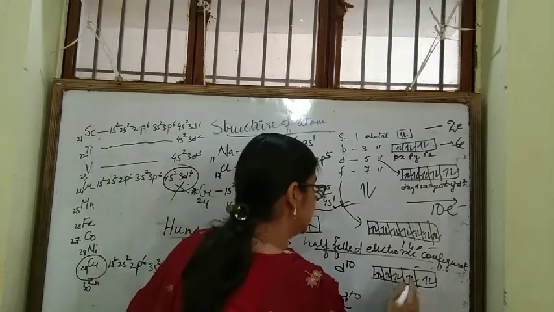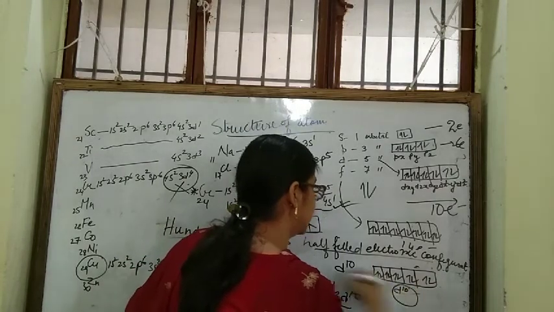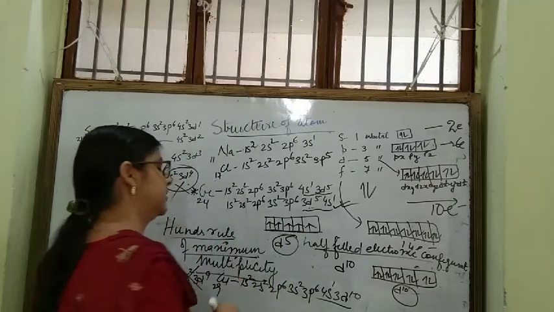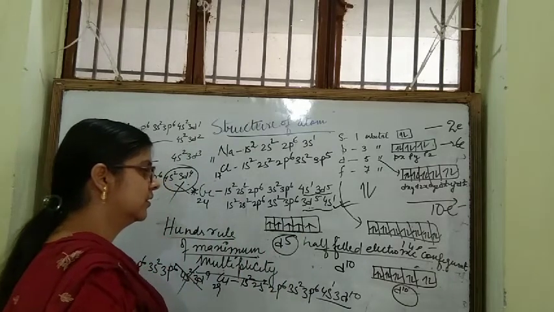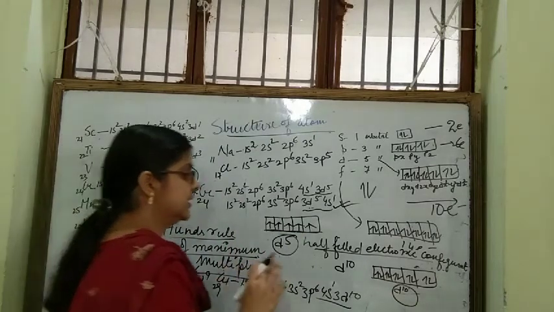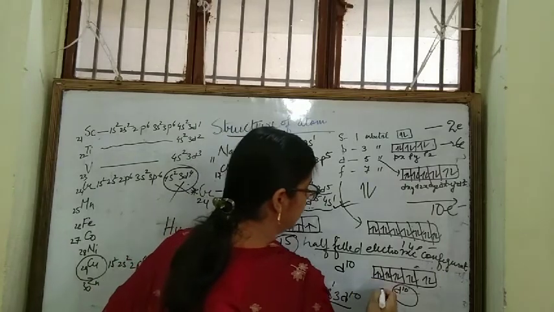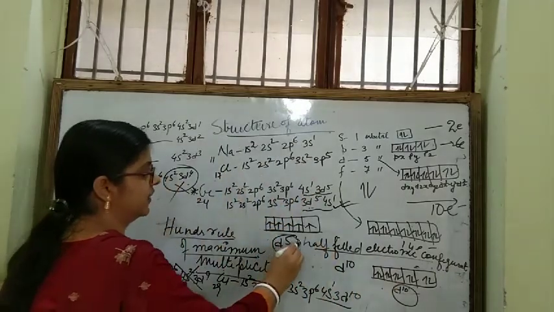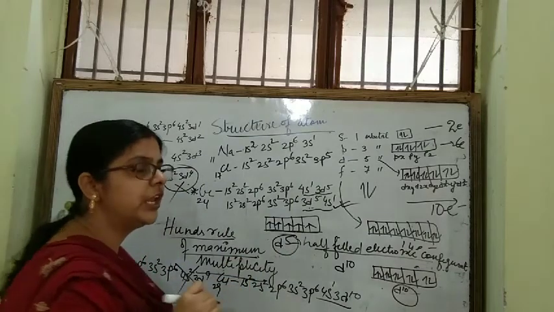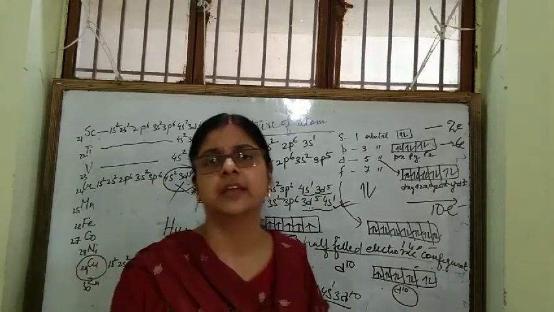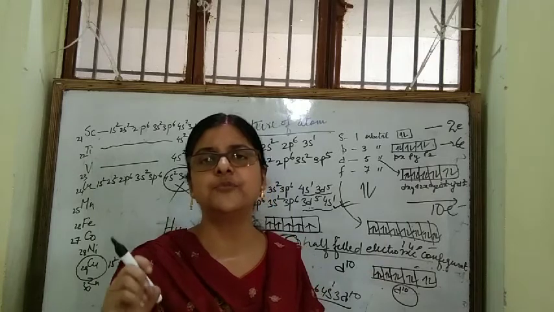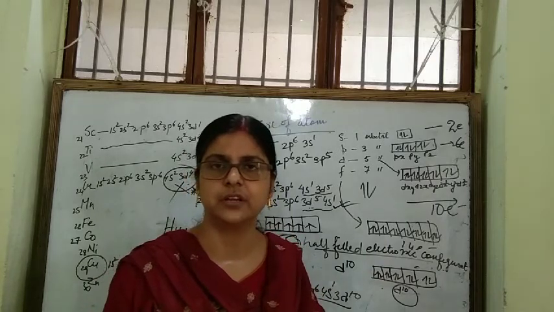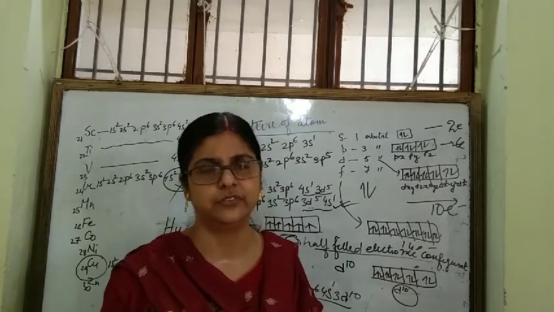We can see the d10 electronic configuration and the d5 configuration. So this is known as completely filled and this is known as half-filled electronic configuration. Whenever an element has a half-filled or fully filled electronic configuration, its stability increases.